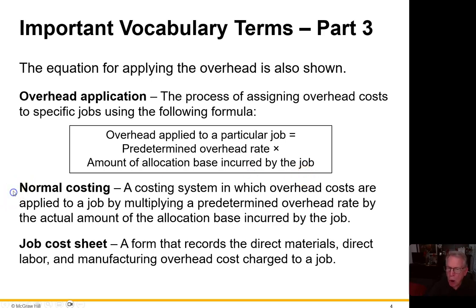So normal costing, that's going to be a costing system in which overhead costs are applied to a job by multiplying a predetermined overhead rate by the actual amount of the allocation base incurred by the job. And then the job cost sheet is a form that records those direct materials, direct labor, and manufacturing overhead charged to a job.